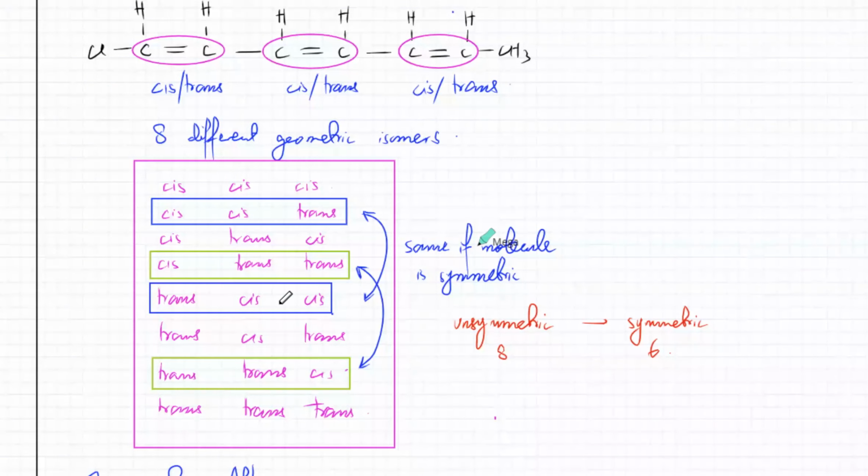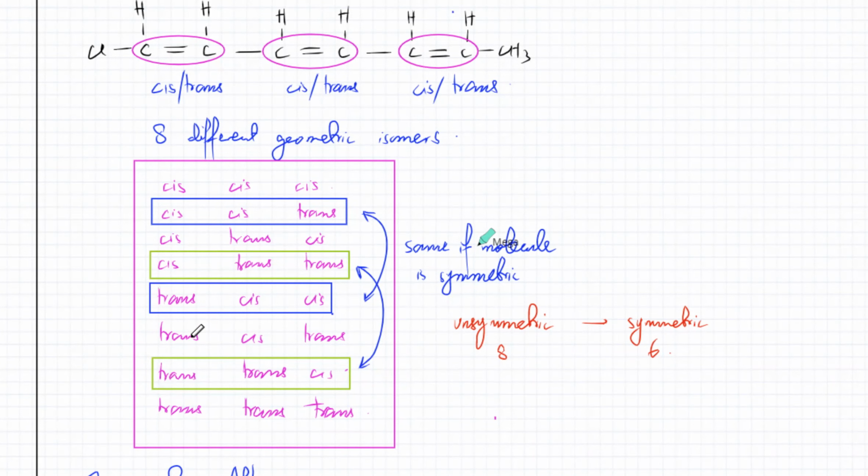Sir, what about cis trans cis and trans cis trans? Why aren't they the same? They are different. If I flip around cis trans cis, what do I get? I still get cis trans cis. If I go from left to right, it's cis trans cis, and if I go the other way around, it's still cis trans cis. So that's different from this one. Oh, okay. Understood.